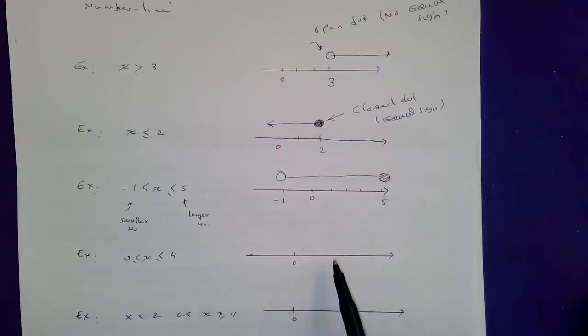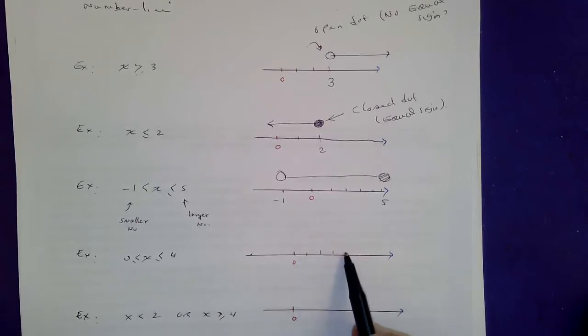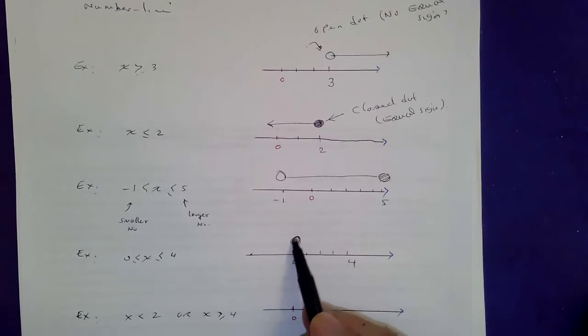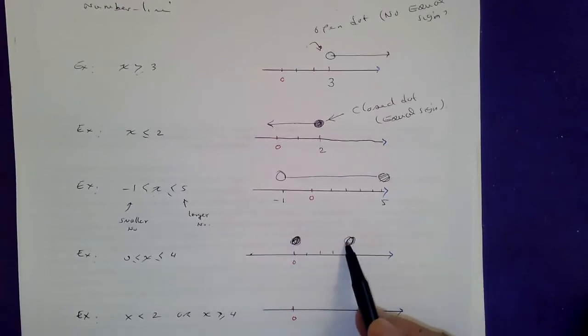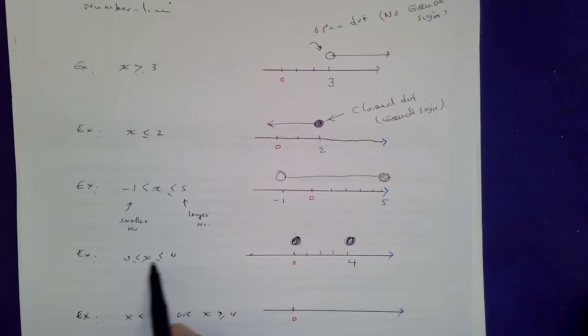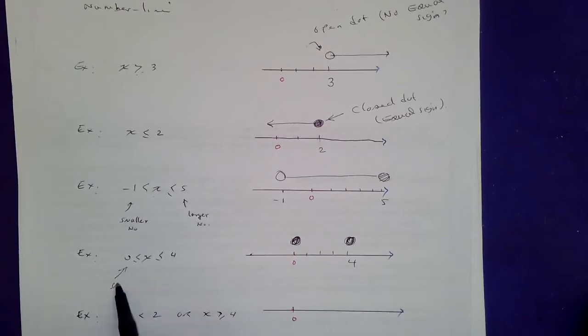What about between 0 and 4? 1, 2, 3, 4. Both of these guys have equal signs, so both of those guys take what? Closed dots. And x is somewhere between the smaller number and the larger number. So once again, we connect the dots.